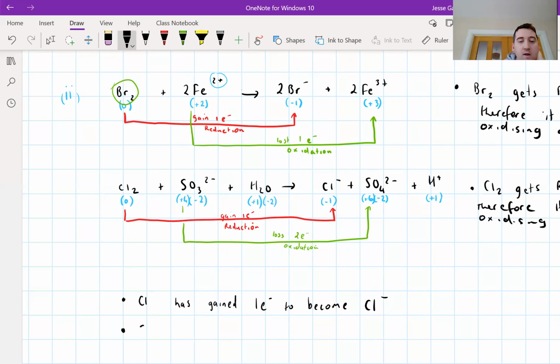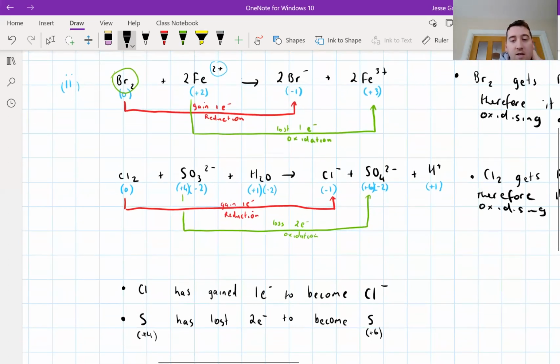Okay, so what we should have said is S has lost 2 electrons to become S plus 6. So we say S in the +4 state has lost electrons to become S plus 6. So you can see what's happening there.